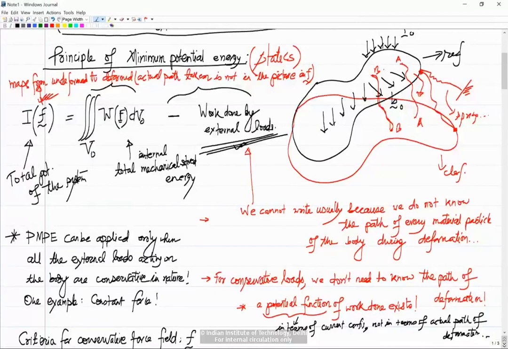जितना भी उन्होंने वर्क किया उसका माइनस करना पड़ेगा टू गेट व्हाट इज द चेंज इन द पोटेंशियल ऑफ एक्सटर्नल एजेंट, ओके? एंड देन एज ए होल it is the energy of that isolated system which consists of the body plus the external agent, and then you can think of minimizing the energy of this isolated system.